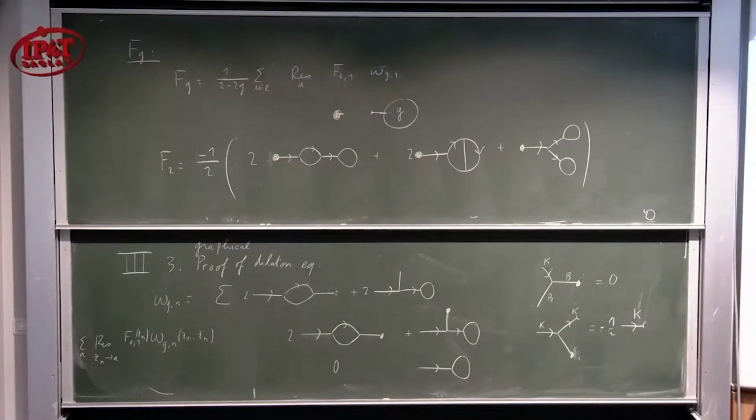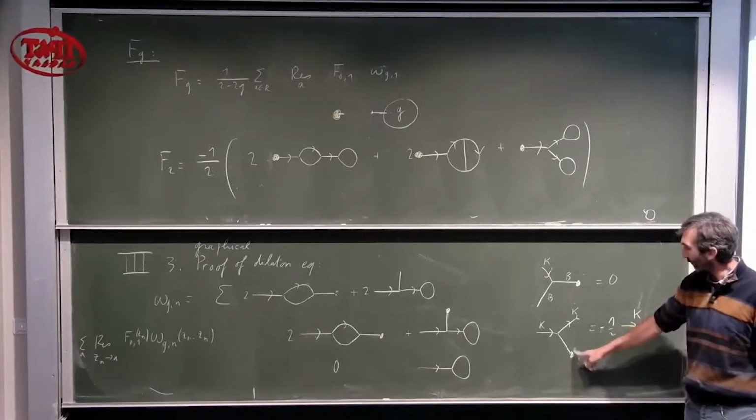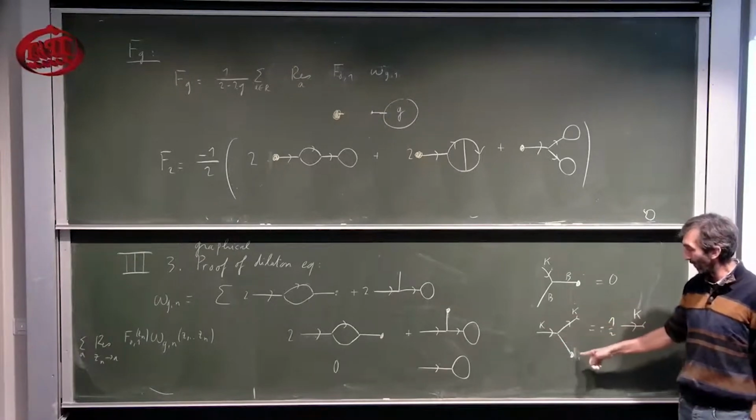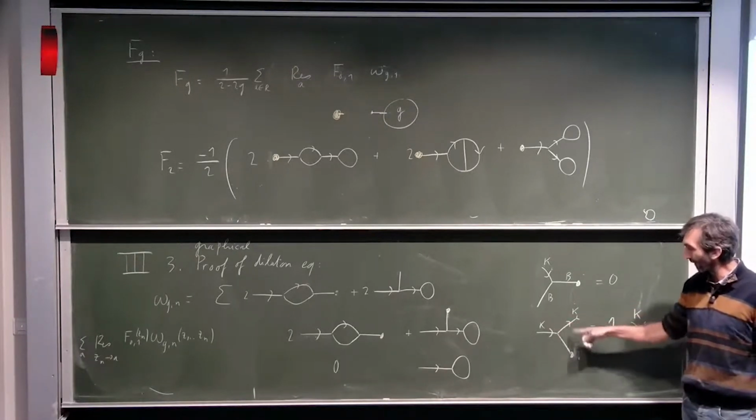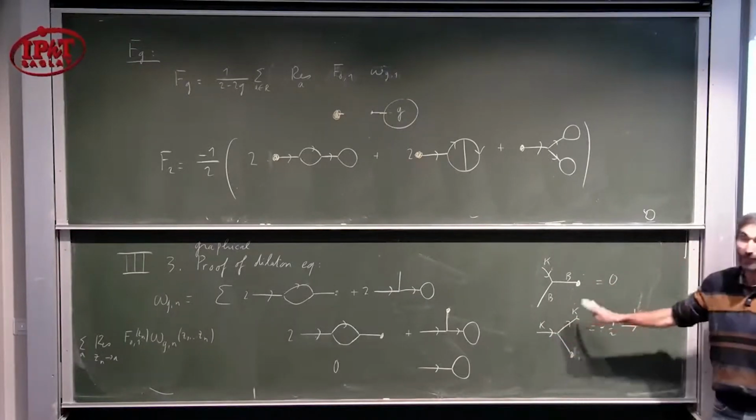But basically, the dilaton equation can be proved graphically. So basically, contracting F01 on a vertex like that is just like erasing it.